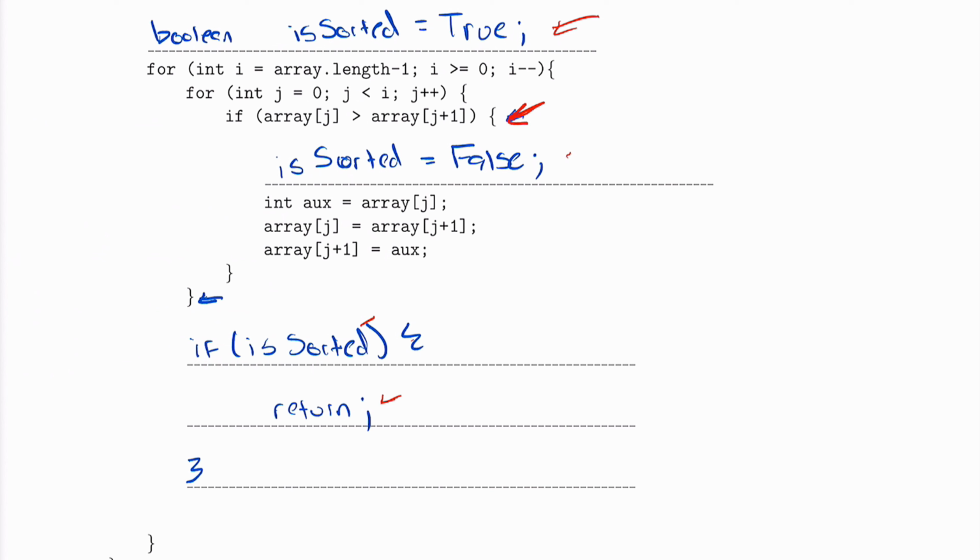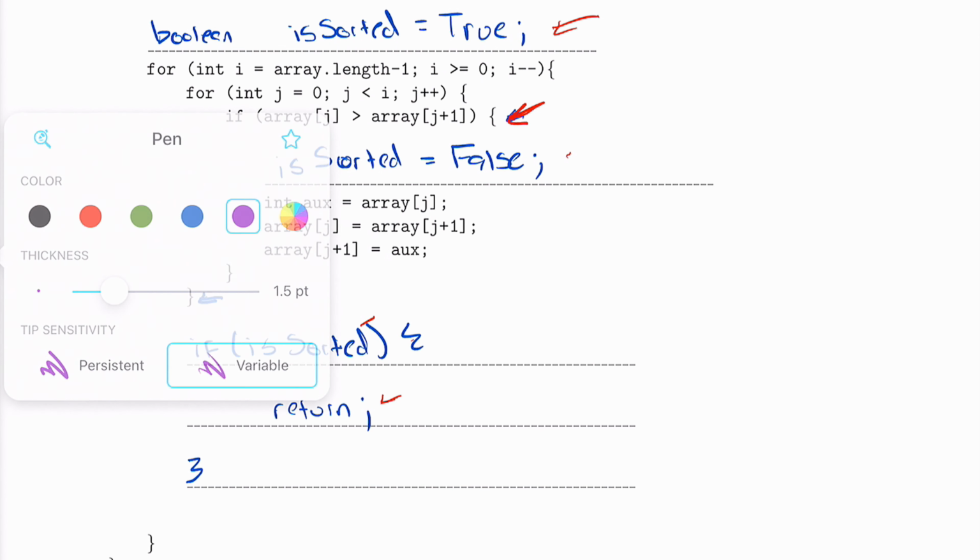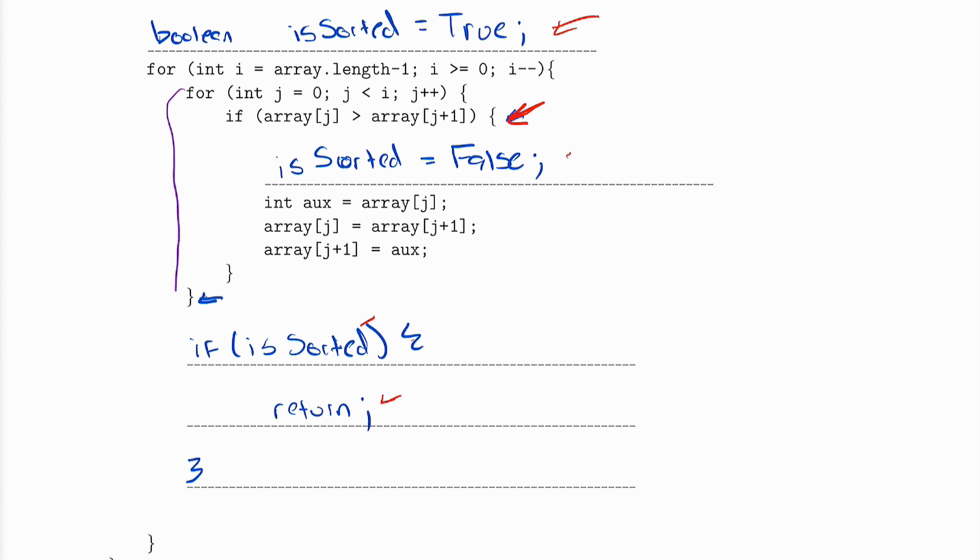So in that case, if it ends up still being true, what's the running time? Well, it's going to make one pass of this, which is O of i, right? In this case, i on the first iteration is n.